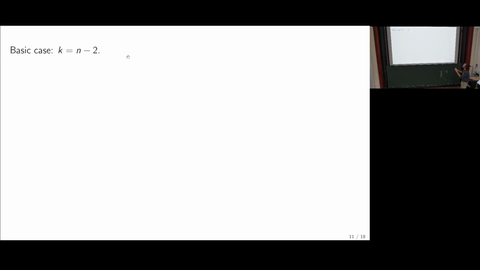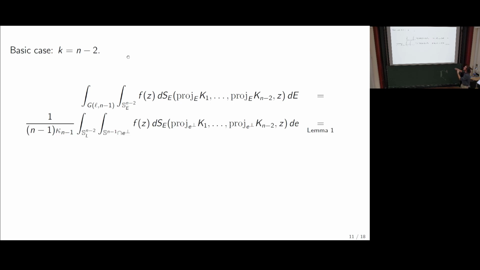So what's the idea of the proof? I will just do the case k equal n minus 2, because the other cases can be proved inductively. This is the thing that we had on the right-hand side. First, we express this Grassmannian, since now the dimensions are nice enough to say this is just a ball up to some renormalization, and this one is a bigger ball intersected with a suitable hyperplane.